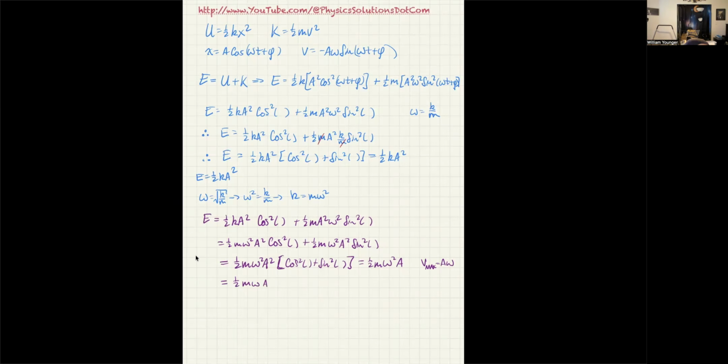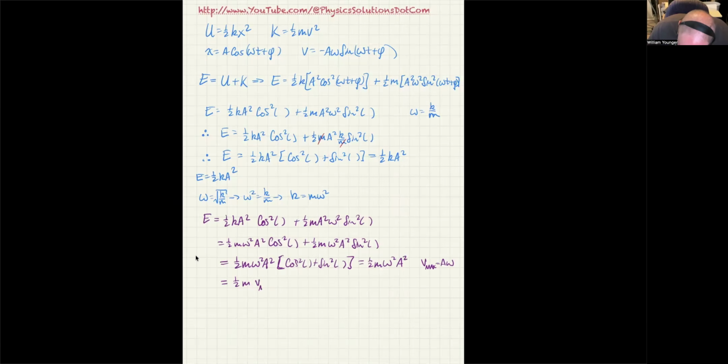Oh, that's A squared, that's what it is. Sorry about that. I lost the A squared. That was the problem. Darn it, it's supposed to be purple. So with that in mind, A squared omega squared is actually v max squared. So now I can go ahead and write it the way I meant to. Sorry about the little delay there. I'm just going to replace A squared omega squared with v max squared.